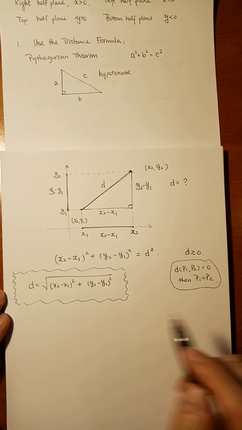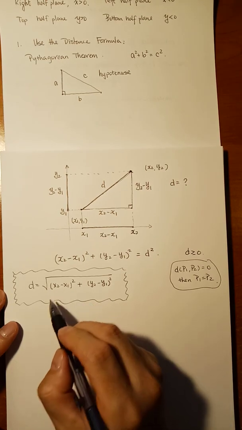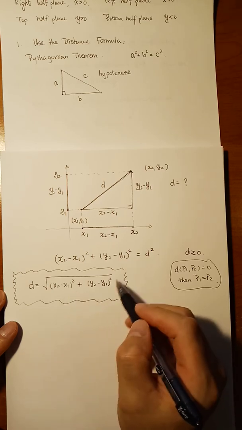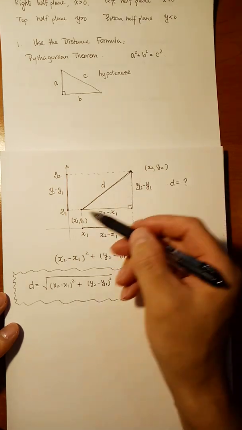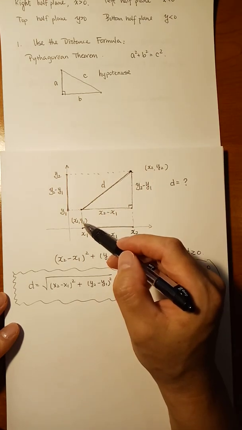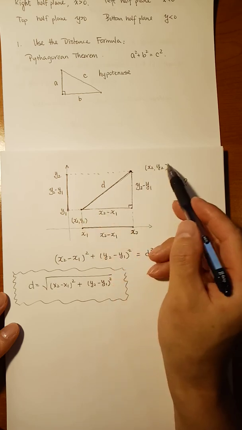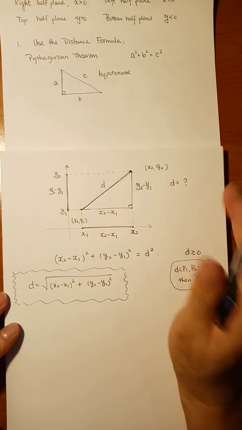All right. So inside this distance formula, you see we use x2 minus x1, y2 minus y1. But which point is x1, y1? Which point is x2, y2? It doesn't matter.